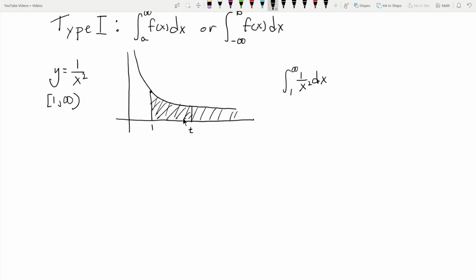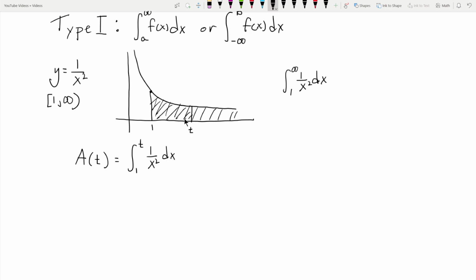And that finite area under the curve I can use the fundamental theorem of calculus for. When I do that, what I get is the area as a function of t. So that is going to be from 1 to t, 1 over x squared dx.